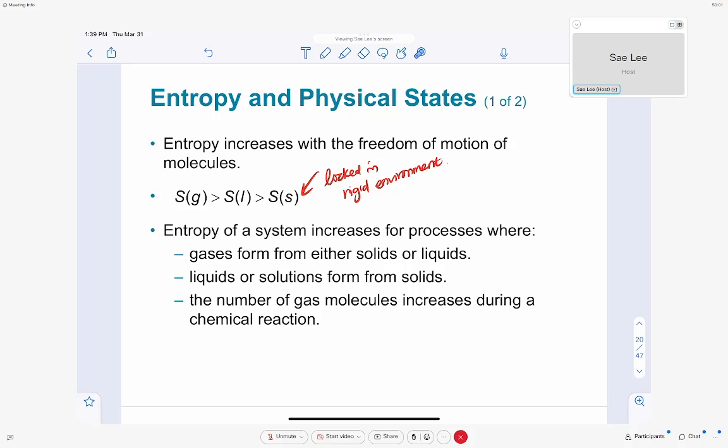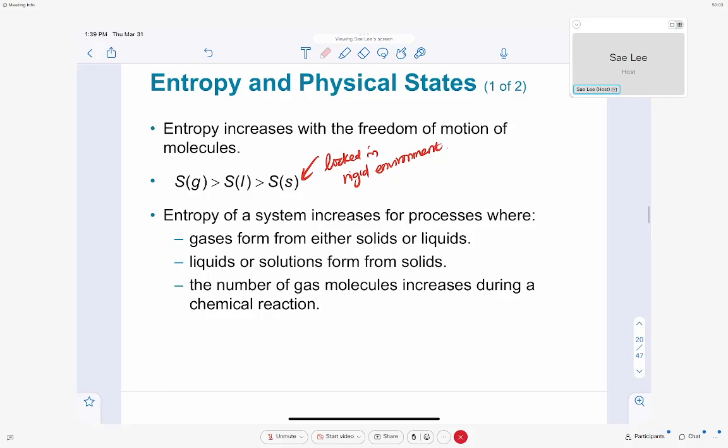If the state of a molecule is changing from solid to liquid to gas, you will have more freedom of molecules in the gas state, a larger number of microstates in the gas state, and higher entropy in the gas state. If you are going from solid state to liquid, you are also transitioning to higher entropy.